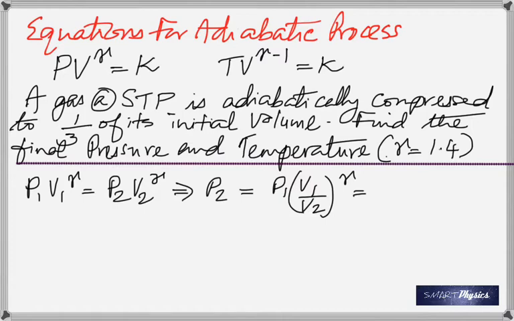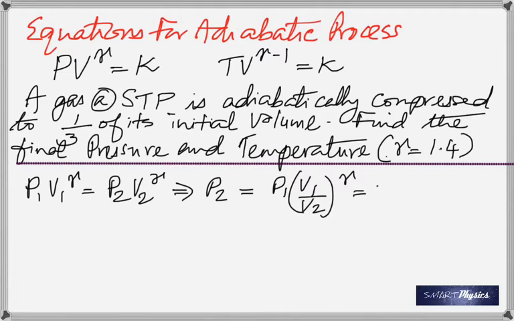And then what is V1 by V2? How much is V1 by V2? It's compressed to 1/3 of its initial volume. 3, isn't it? If V1 is 3x, then V2 is x.